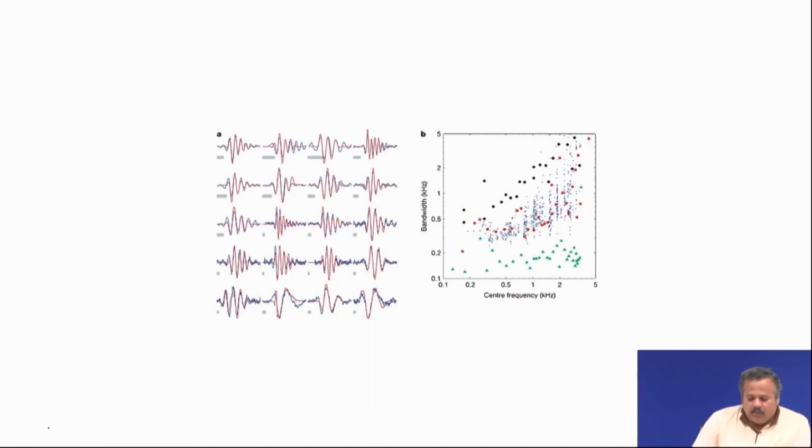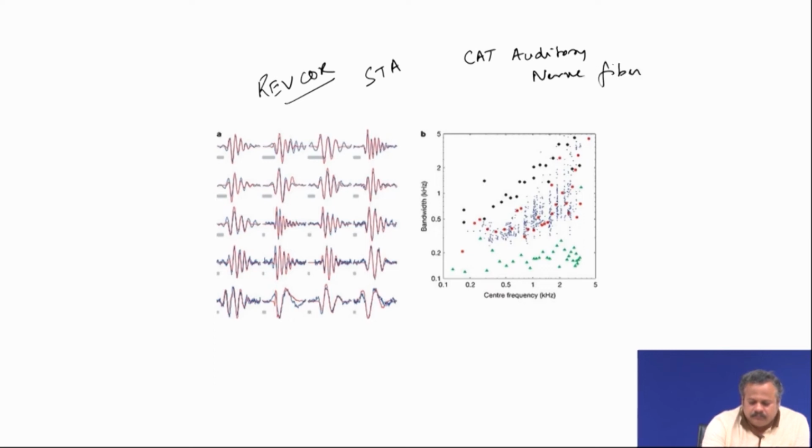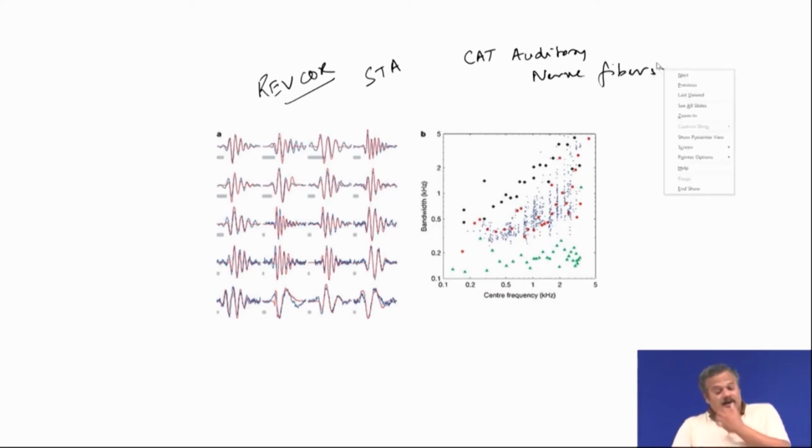So they compared the similar frequency spike triggered averages, or reverse correlation functions, or the spike triggered average obtained from cat experiments, cat auditory nerve fibers, which are very well represented by gamma tone filters.